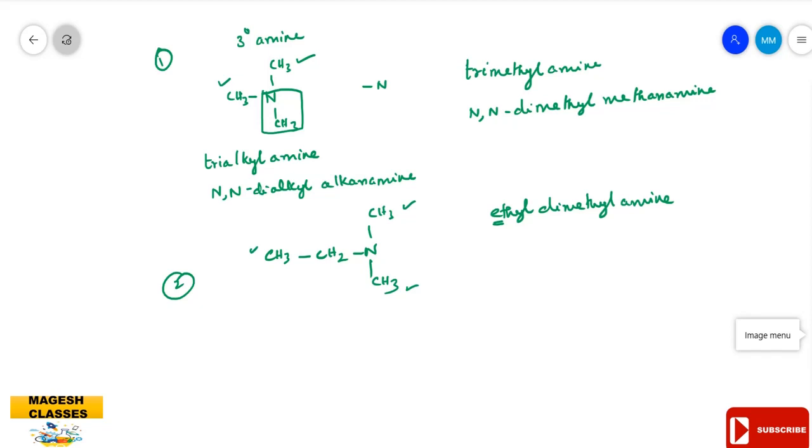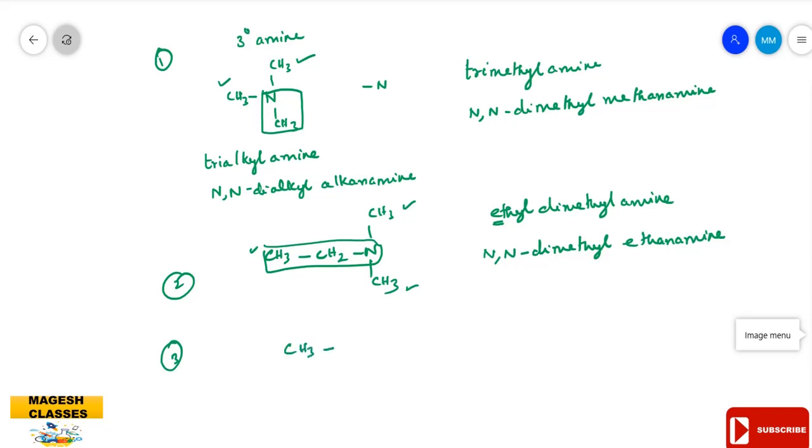In IUPAC nomenclature, one is considered as the alkane amine and the other 2 are substituted. The larger is considered as the alkane, so you cannot take methyl as the alkane part. So it is ethane amine, in which 2 methyl groups are attached to the nitrogen, and so it is N,N-dimethyl ethane amine. Clear? Okay.